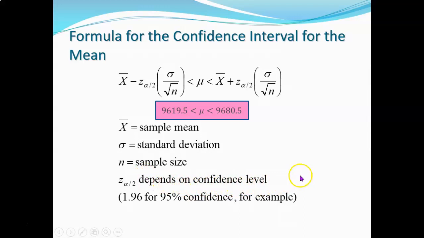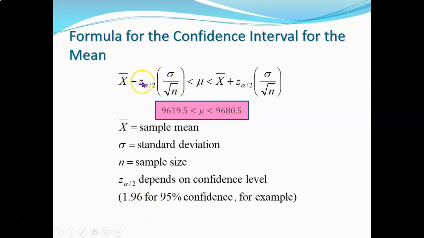So for example, if your confidence level was 95%, you were doing a 95% confidence interval, then the number you would stick into this formula here for Z sub alpha over 2, here and here, would be 1.96. I'll talk a little more about that in just a minute.